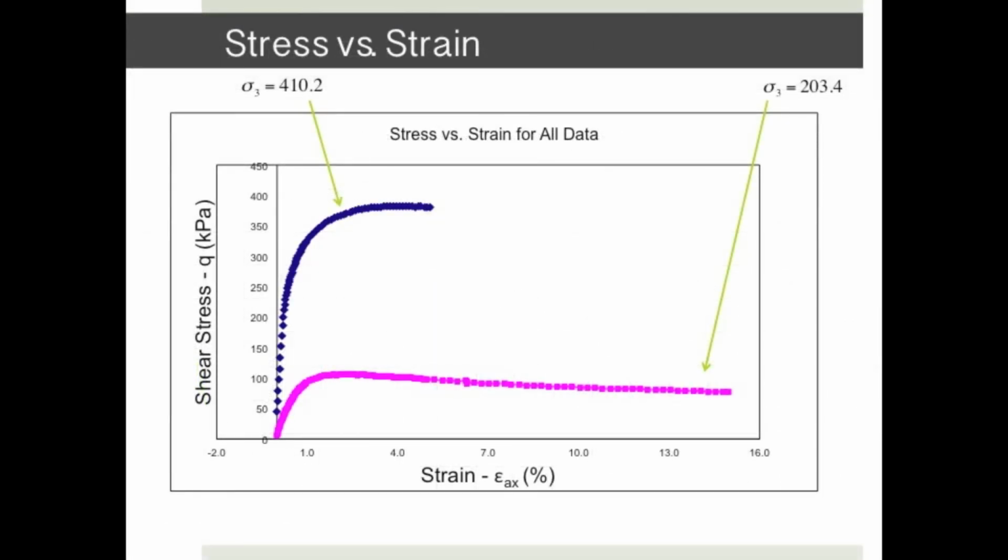A plot of shear stress as a function of axial strain is shown. The higher the confining stress, the higher shear capability the sample has. The 410.2 kPa confining stress displayed an ultimate shear capacity of 375 kPa, and the 203.4 kPa confining stress displayed an ultimate shear capacity of 100 kPa.